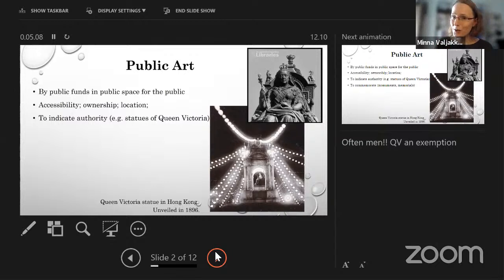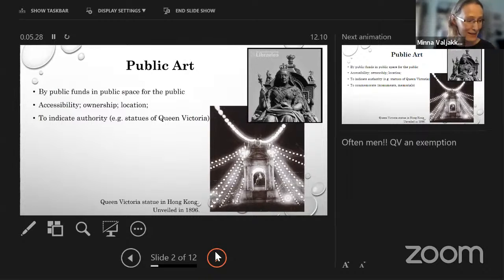Luckily, Queen Victoria was found in Japan in 1946 and shipped back to Hong Kong. So she's been traveling quite a lot. And in that way, she really tells us about the history and how it has been changing even across Asia, this one statue alone.